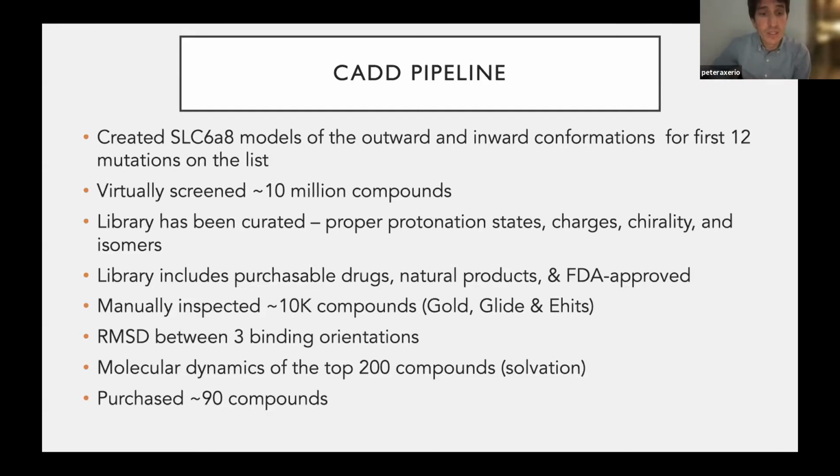Basically, once we have all the compounds docked and scored, the top 200 compounds are run on molecular dynamics to get more accurate results. Then about 90 compounds were purchased for this initial screen.